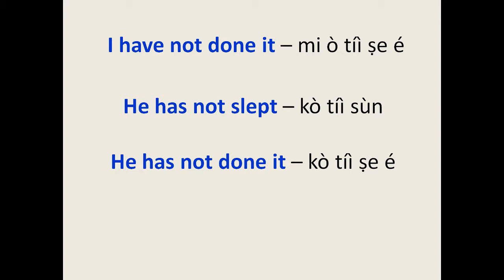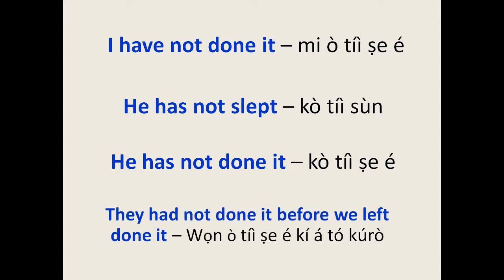So it will now be wọ́n ò. That ò just appears every time you're having the negative. So initially, when we said they had done it, it was wọ́n ti ṣe, but they had not done it, wọ́n ò tí ṣe kí a tó kúrò. Wọ́n ò tí ṣe kí a tó kúrò.